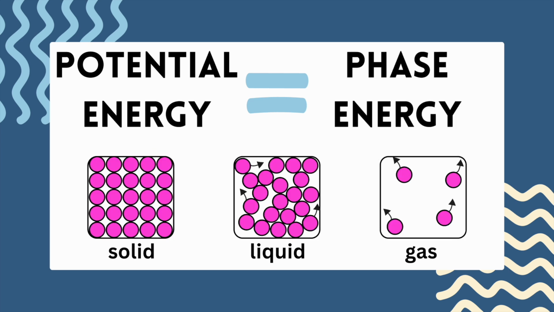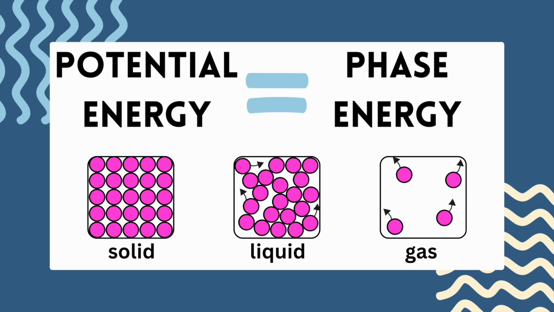But in chemistry, potential energy equals phase energy. So in this case, we're going to be looking at if things are solid, liquids, or gas. So energy in this account is the energy stored in the system due to the arrangement of particles and interactions between those particles. So greater attraction decreases the energy of the system.